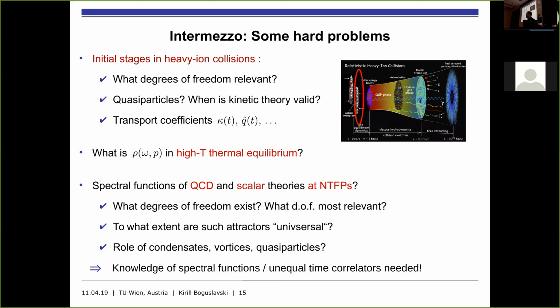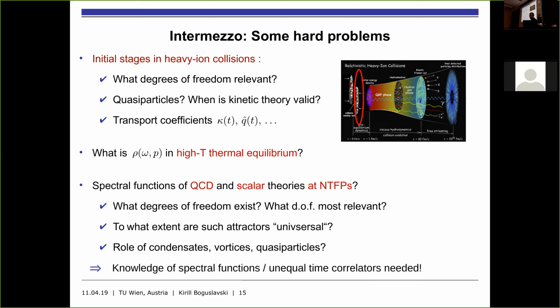Now, in the last 15 minutes, I would like to talk a little bit about spectral functions, because exactly the question of what degrees of freedom are actually relevant for all of these different kinds of dynamics. As far as I understand, a lot is being done using distribution functions or momentum space correlation functions at equal time to understand what is going on.